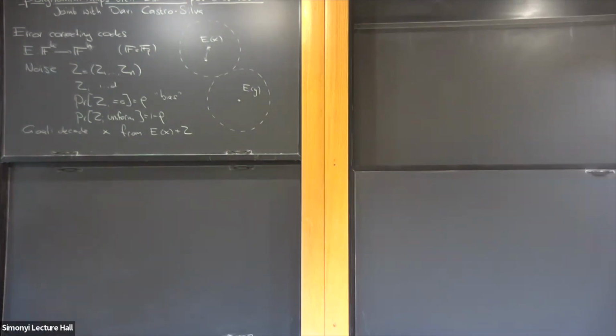Good. So the question about error correcting codes that this talk is about has to do with the computational complexity of decoding noisy error correcting codes. And it turns out you can model the particular computational complexity theoretic model by polynomial maps.